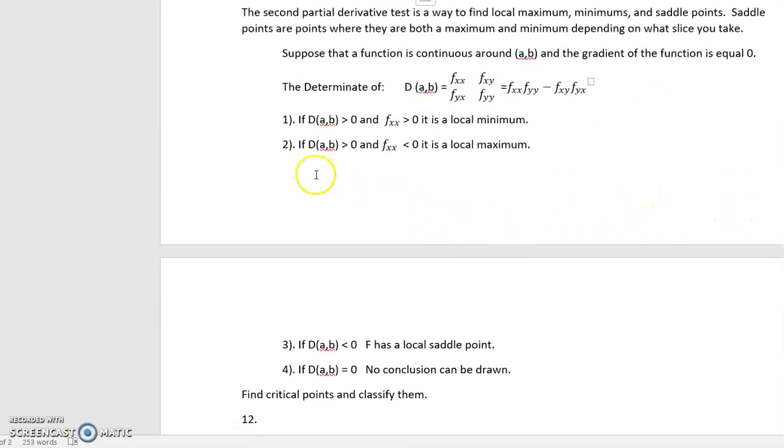The rules for that are this. Number 1, if D(a,b) is greater than 0 and fxx is also greater than 0, it's a minimum at that point. Number 2, if the determinant D is greater than 0 and fxx is less than 0, it's a local maximum.